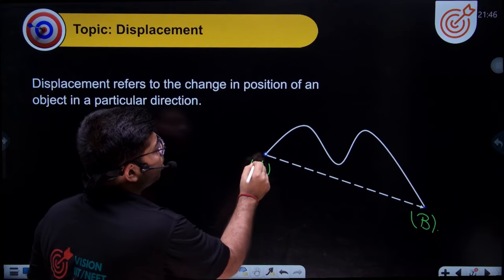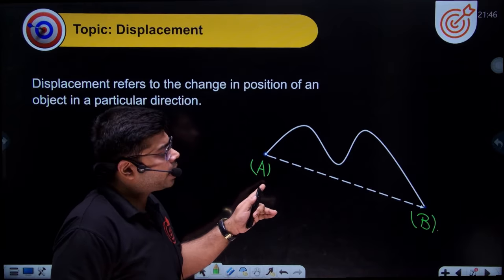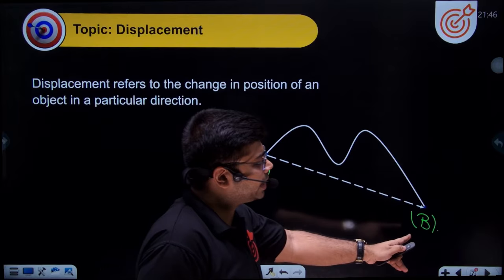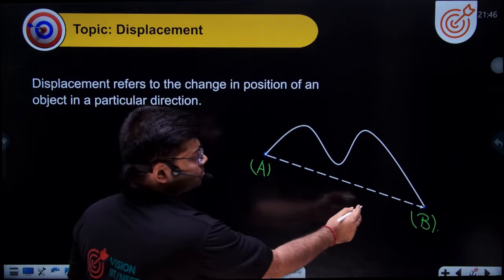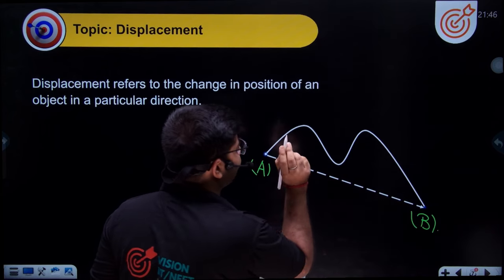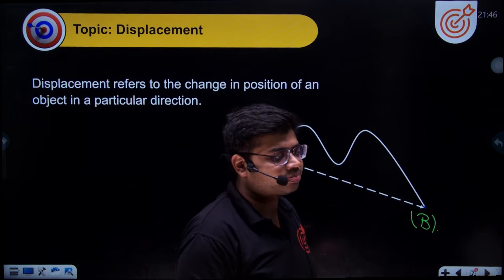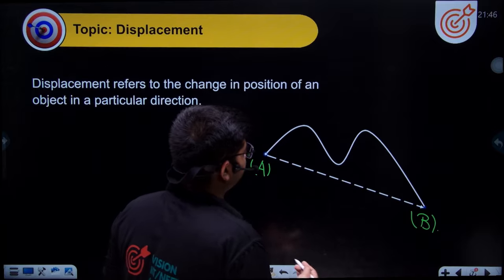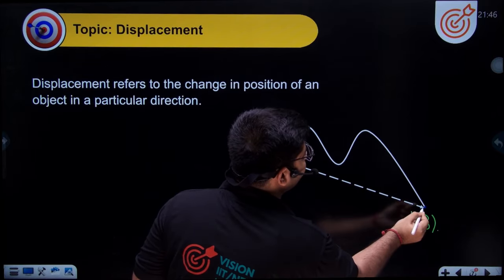My starting point was point A. And what is my final point? That is my point B. So the shortest distance between the final point and the starting point is going to give me the value of the displacement. So you join the starting point and the final point.